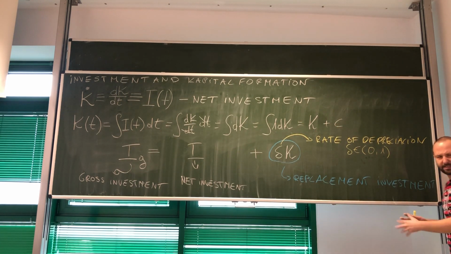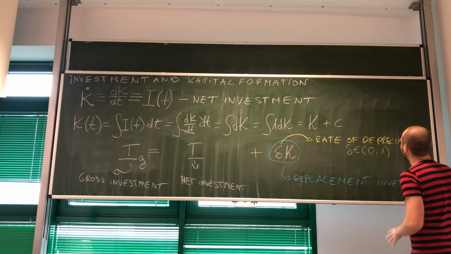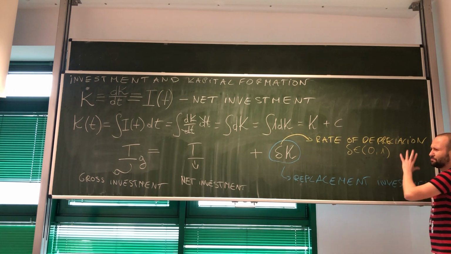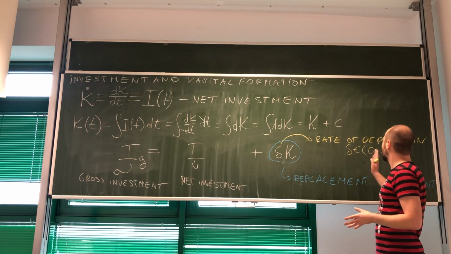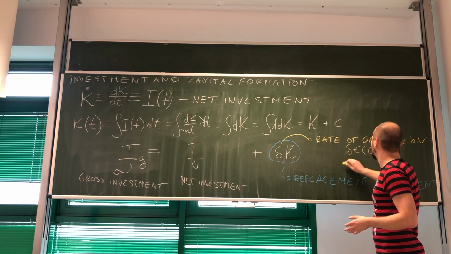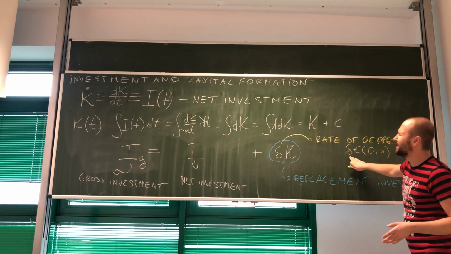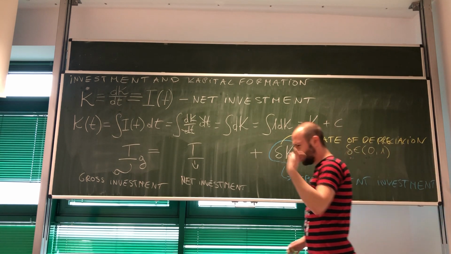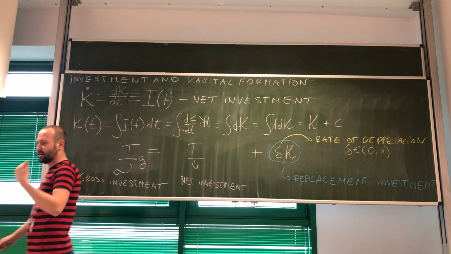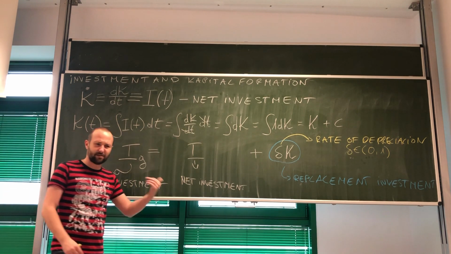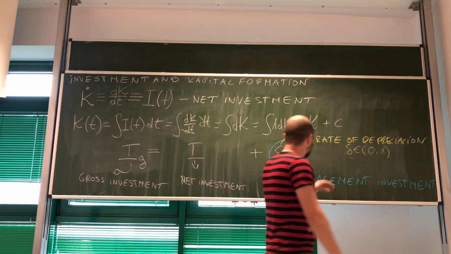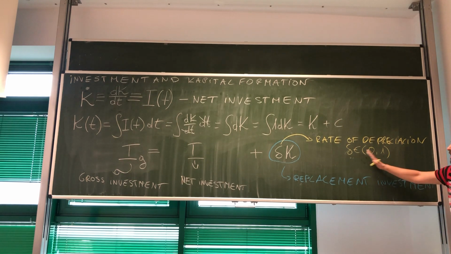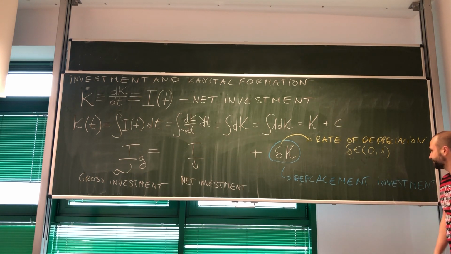But of course, those two corner solutions are very unrealistic, so disregard them. Usually a more or less good estimate of this delta is 10%. It differs from sector to sector of the economy, but overall we can say that due to normal usage, about 10% of the capital in the economy is gone.